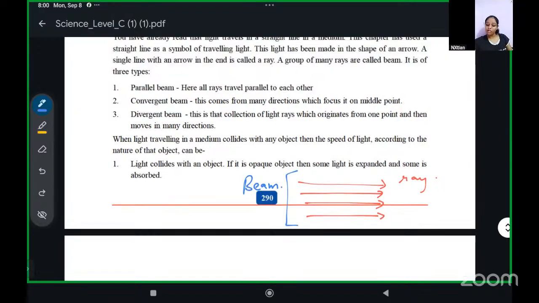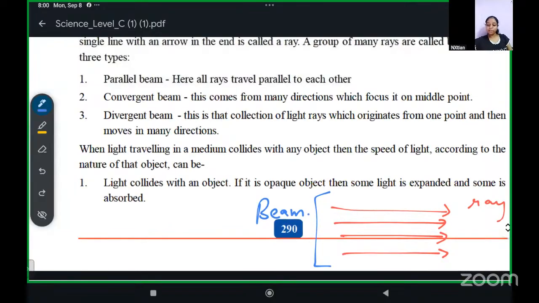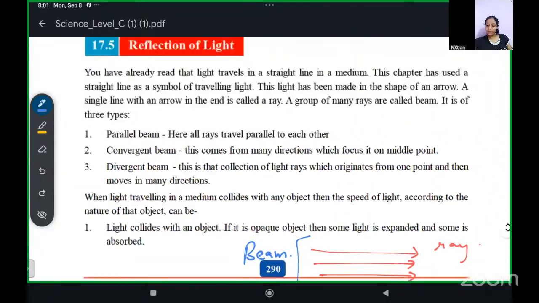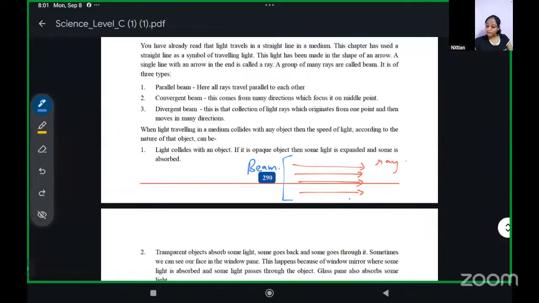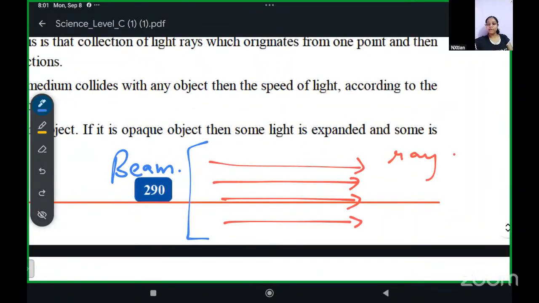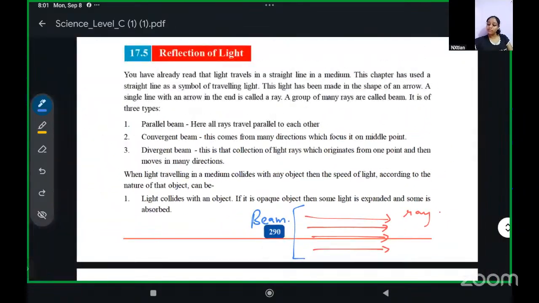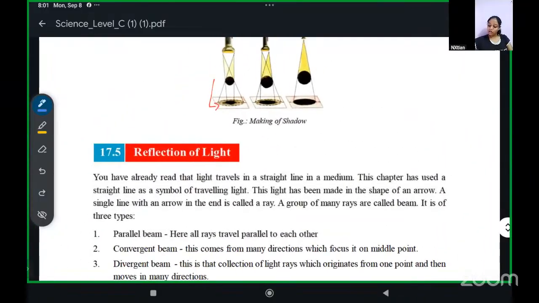This beam is of three types: parallel beam, convergent beam, and divergent beam. A parallel beam is one where all the rays are parallel to each other.